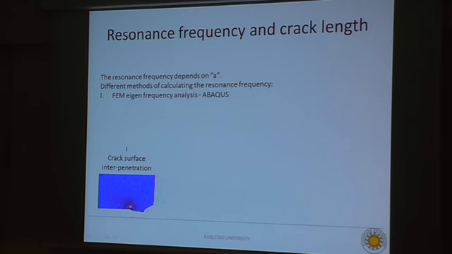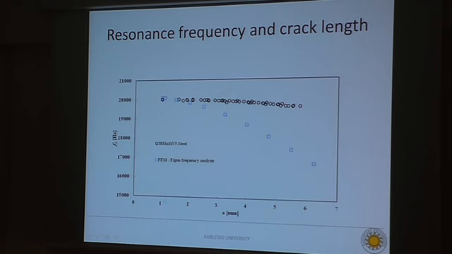That's why we're getting this crack surface interpenetration, and this will of course cause a problem, since that's not what's happening in the experiment. The crack surfaces are not penetrating each other. The results of this method clearly differ from the experimental result. The drop of the frequency is much faster than in the experimental results.